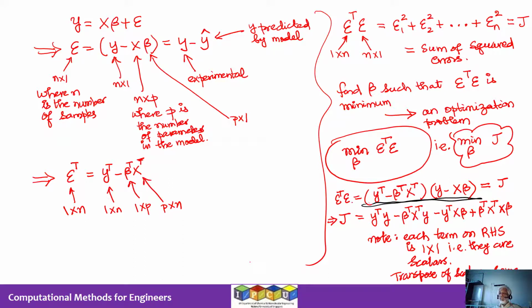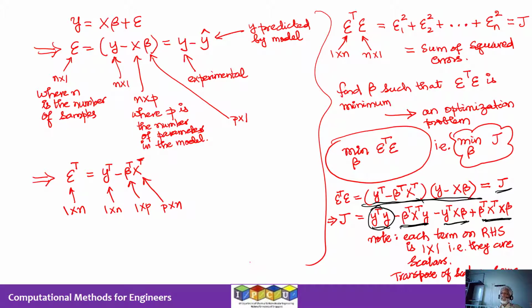And because epsilon transpose epsilon and J are scalars, we have already seen it, each entity here must be a scalar. Y transpose Y will be 1 by 1. Beta transpose X transpose Y will be a 1 by 1 dimension entity. Y transpose X beta will be 1 by 1. Beta transpose X transpose X beta will also be 1 by 1. Though they look formidable and scary, each of them is a pretty harmless scalar quantity.